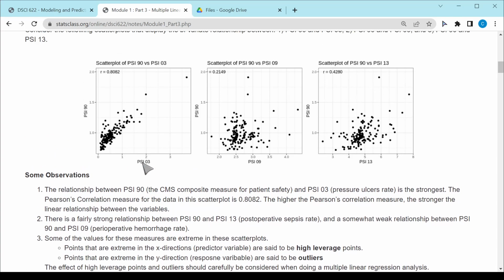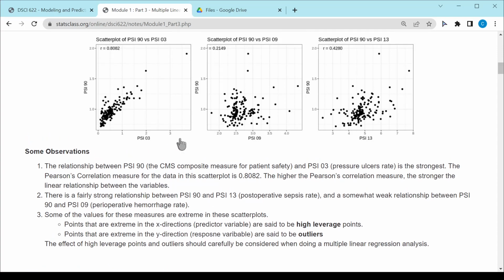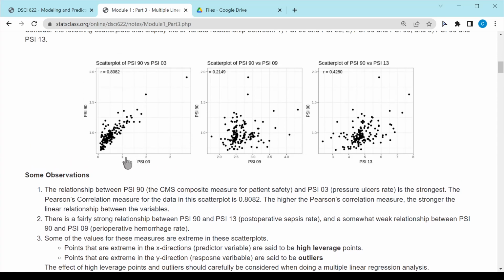Some of these values in these plots are extreme, so this point here would be extreme, or maybe this point over here. This one looks quite high relative to the others. Points that are extreme in the predictor variable direction, so along the x-axis here, like this point here, would be extreme along the x-axis.